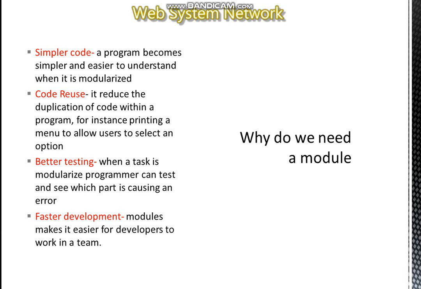Another team can write a program that will allow a user to edit an item. Another team will write a program that will allow a user to delete an item. And another team will write a program that will allow a user to exit a program. Wasn't that beautiful? It means that all the work doesn't have to be done by one programmer. It can be shared. Faster development.